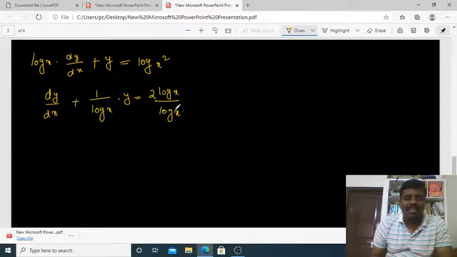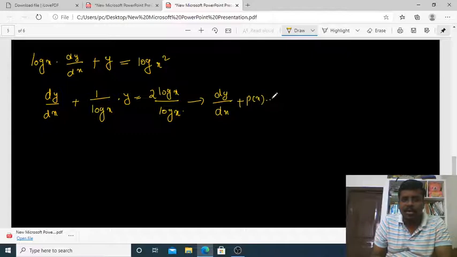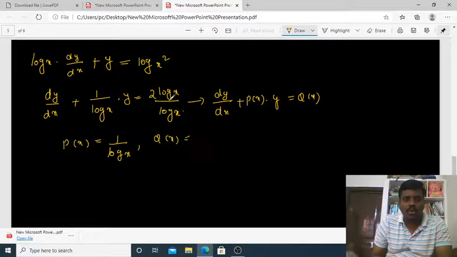This is of the form dy by dx plus p of x into y equals q of x. Comparing these two, p of x is 1 by log x, and q of x is 2 log x by log x, that cancels, so here it is 2.